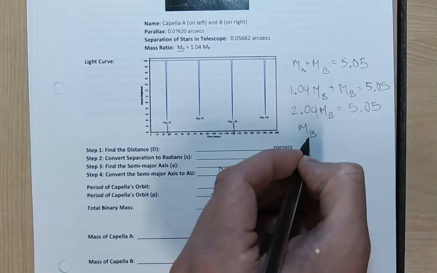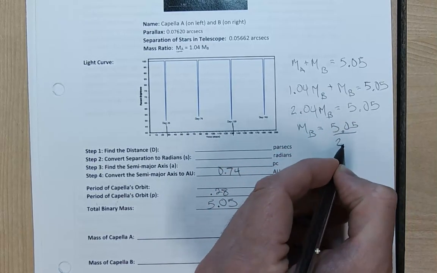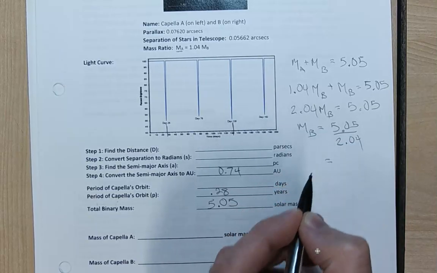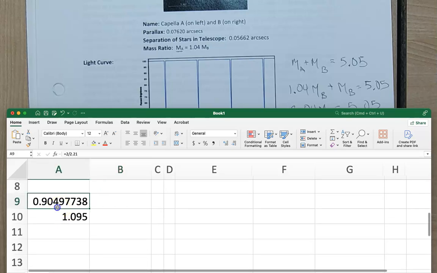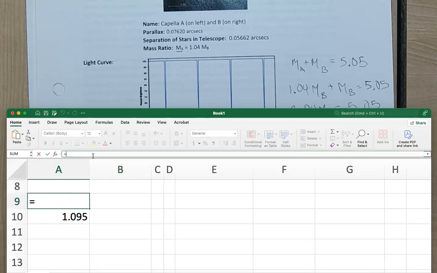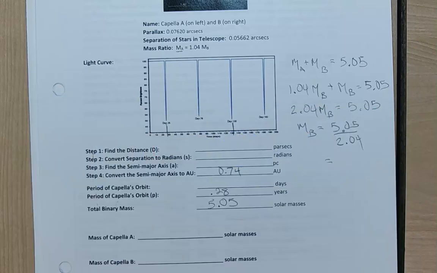The mass of star B is 5.05 divided by 2.04, which is 2.475.